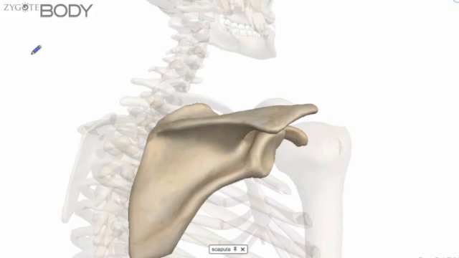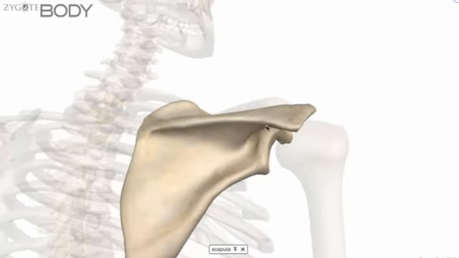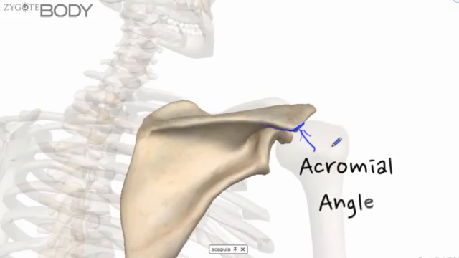Another structure that you need to know here is this. Let me rotate a little bit. As you can see here, there is an angle forming in the acromion process, and this is called the acromion or acromial angle.